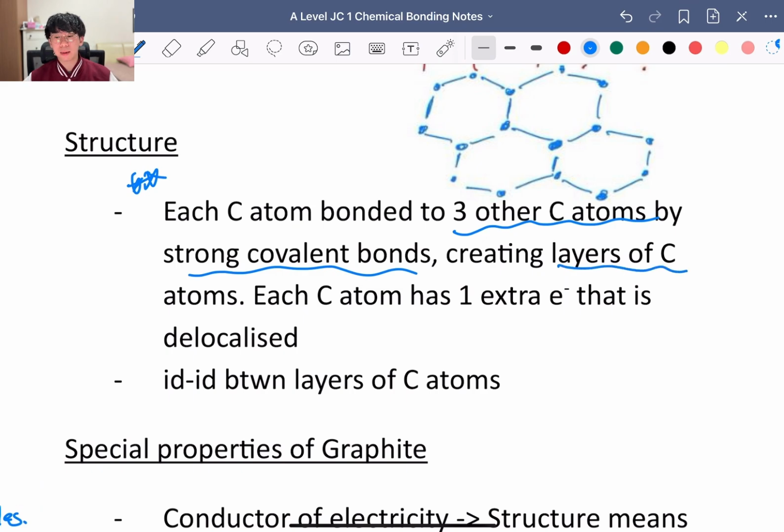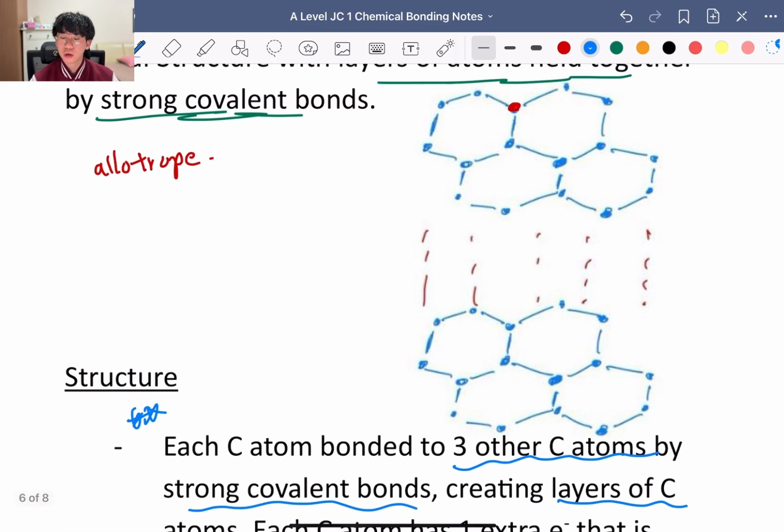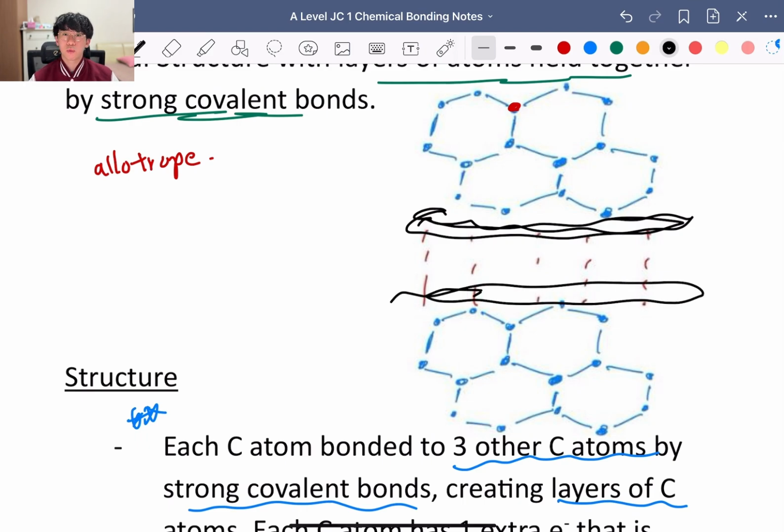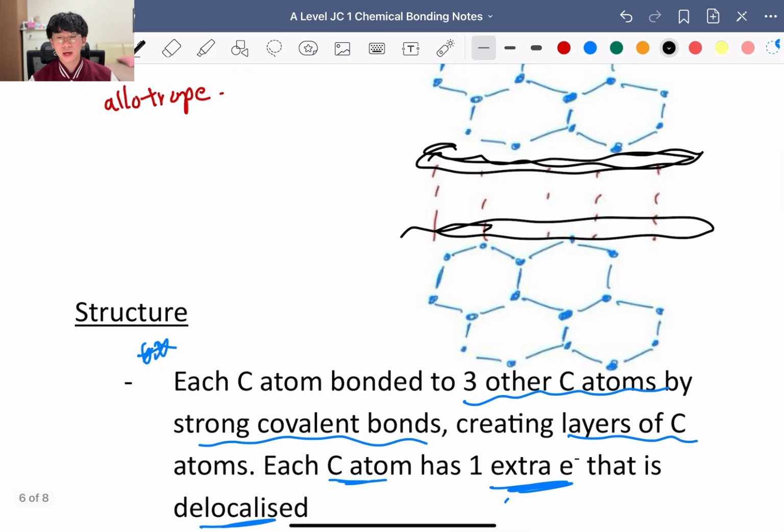In these layers, each carbon atom has 1 extra electron, and this electron tends to be delocalized. Because of that, you have these huge electron clouds. You can imagine this whole layer is like a huge electron cloud, and this also has a huge layer. And when you have electron clouds, what does that mean? You get ID-ID. So this interaction over here is actually ID-ID between the electron clouds.